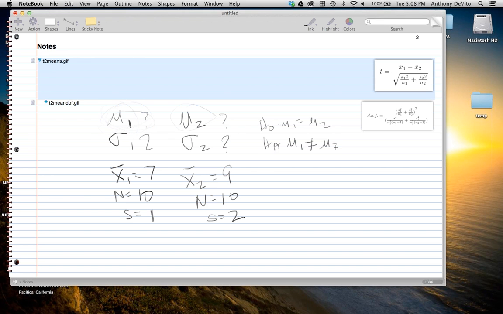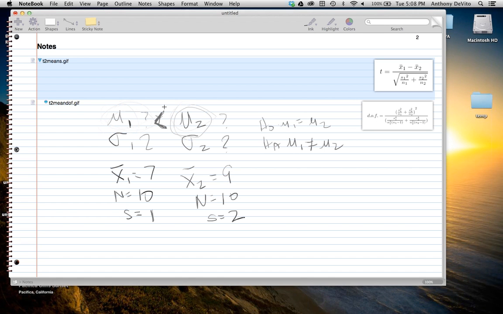Okay, well, let's say that for some reason I know that mu2 can only be bigger than mu1, it can't possibly be smaller than mu1, for whatever reason. Maybe it's some sort of physiological effect, maybe it's physics, maybe it's the position of the sun, but I know for a fact mu1 can only be smaller than or equal to mu2.